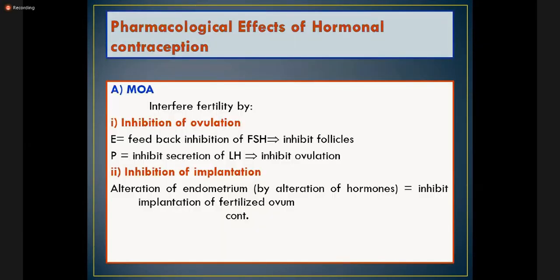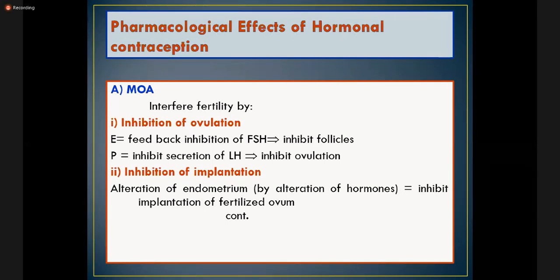Now, what are the pharmacological effects of these hormonal contraceptives? It interferes with fertility by inhibition of, number one, ovulation. Estrogen feedback inhibition: the estrogen component is responsible for giving the feedback. Okay, there is sufficient estrogen, so there is no need for further release of estrogen.